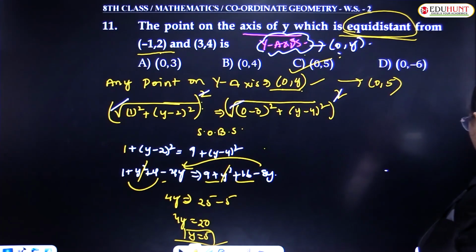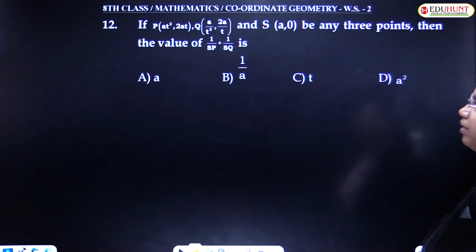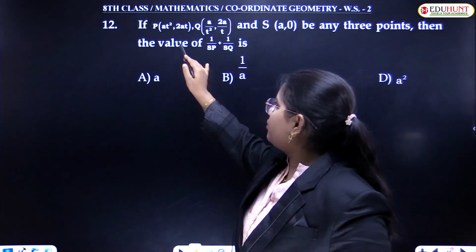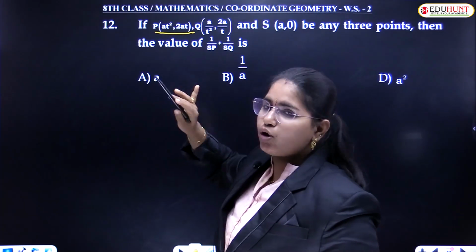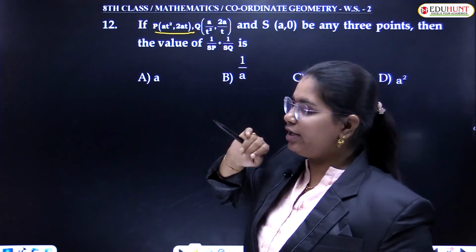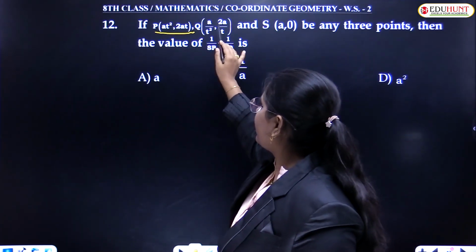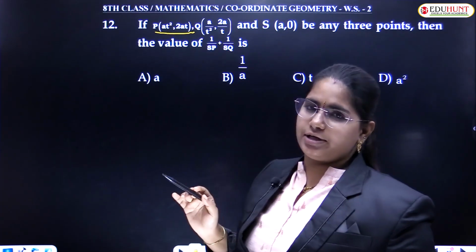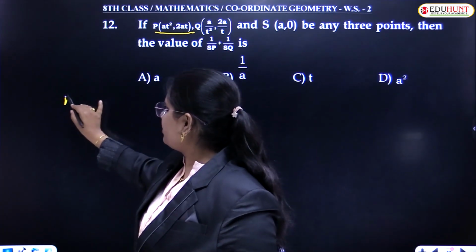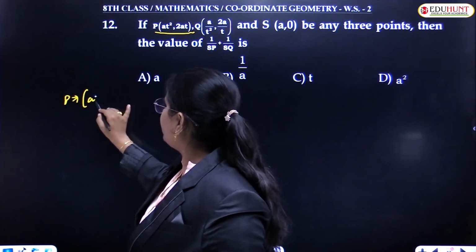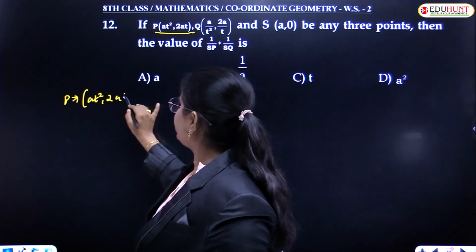So what is my next question? If P is the point (at square, 2at) and Q is the point (a by t square, 2a by t), what is the first point I am having here? (at square, 2at).